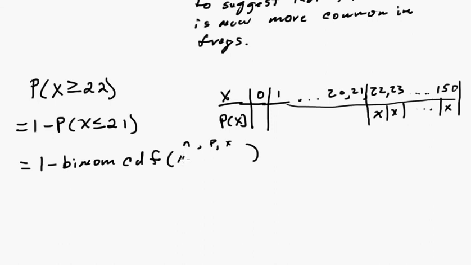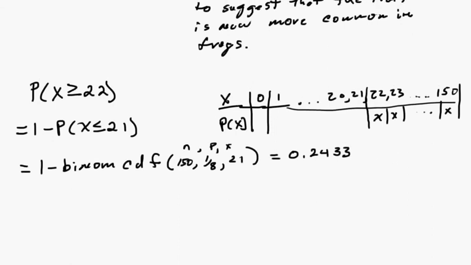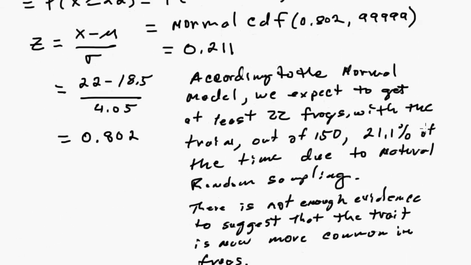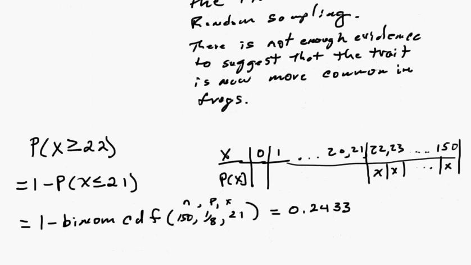This would be 150, 1 out of 8, and 21. Okay, and when I do that, I get 0.2433. So that's not quite the same as what I get from the normal model, but it's an approximation.